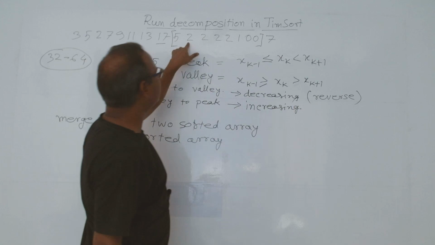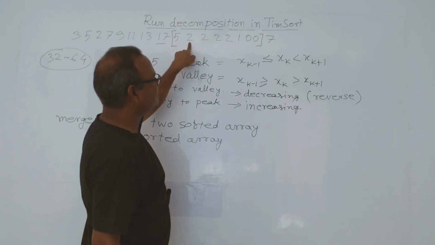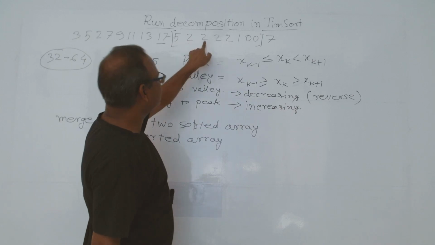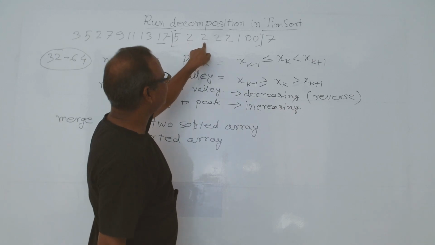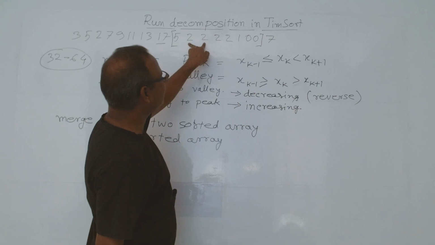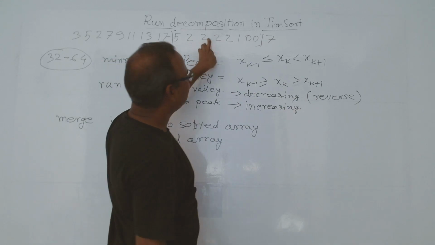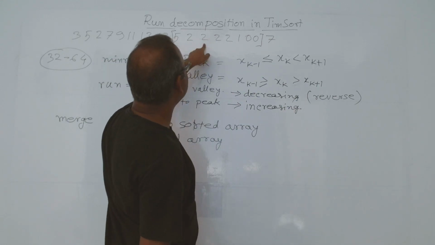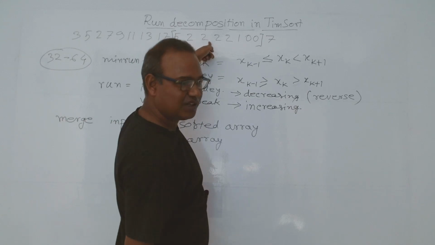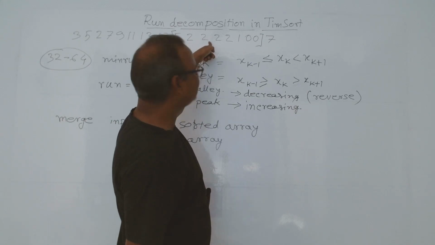So there is a 2, is this a valley or not? 2 is the valley, this is equal, and that is not satisfying, so it will cut here. So we have to change the definition.